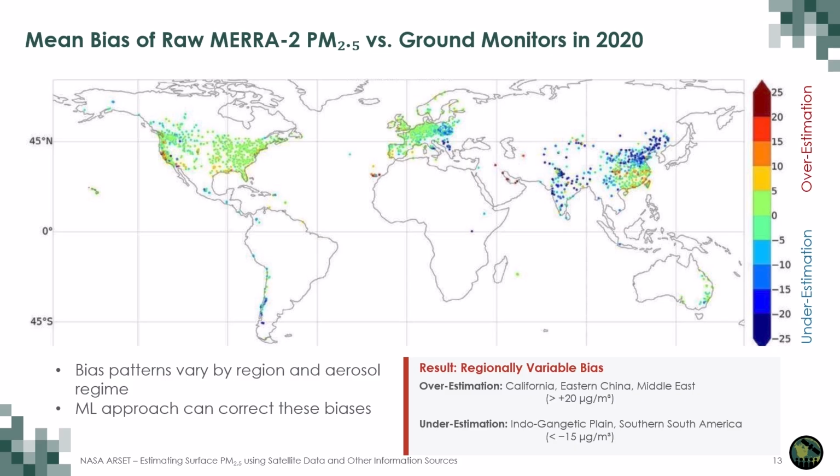In contrast, regions such as the Indo-Gangetic Plain and Southern South America show underestimation. These regionally varying biases highlight why machine learning correction is so important for producing PM2.5 estimates.